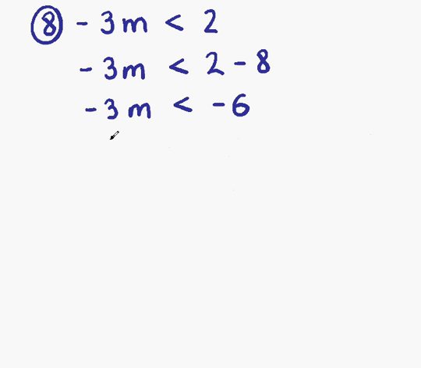If we go back into our question at the point just before the inequality sign was reversed, we could have chosen to do something different at this point. We had minus 3m on the left hand side and minus 6 on the right hand side. If we put m on the left, then we could have had minus 6 divided by minus 3 on the right.